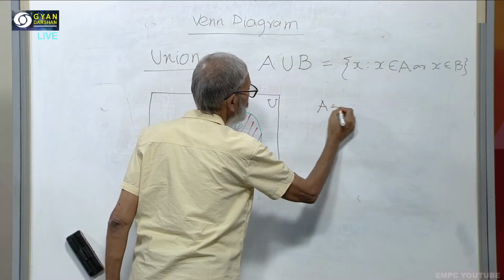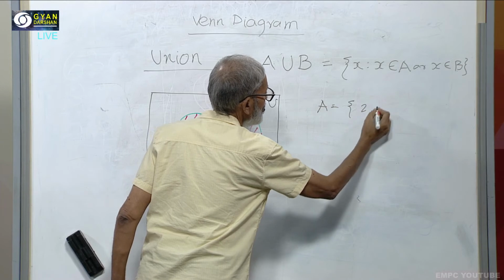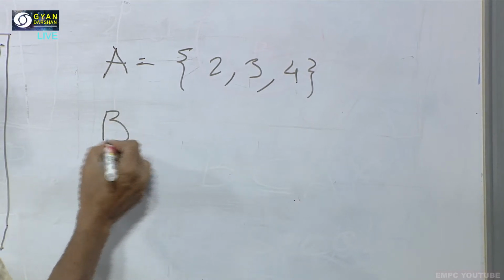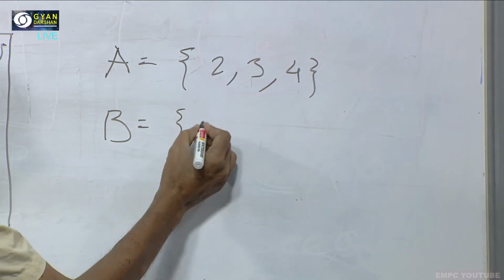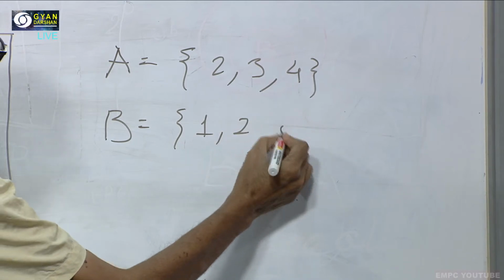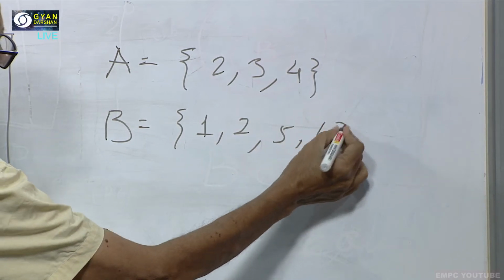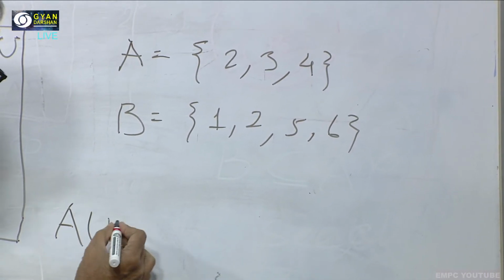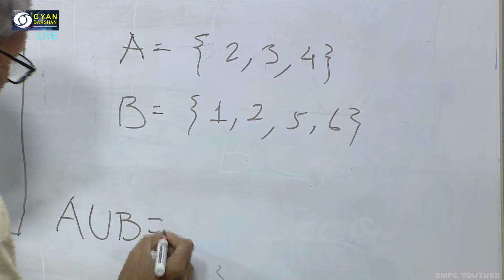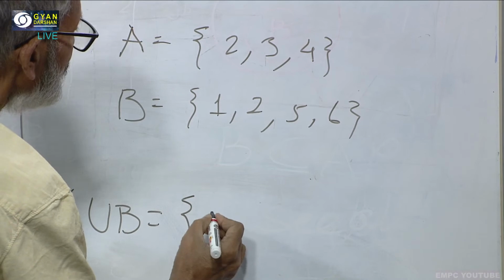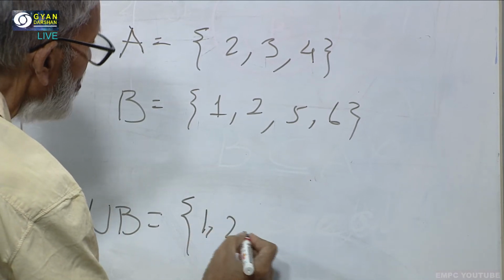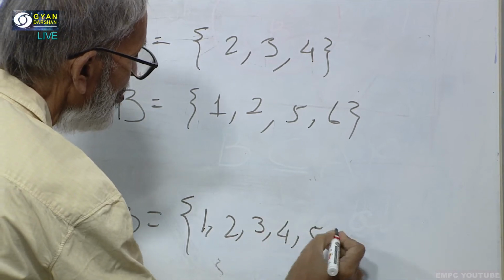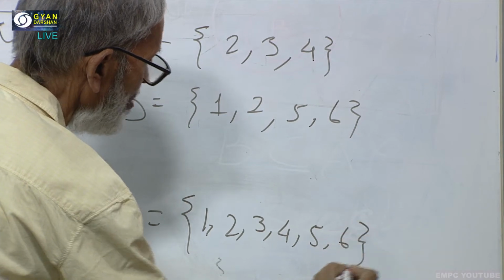Suppose A is equal to {2, 3, 4} and B is equal to {1, 2, 5, 6}. So, A union B will become {1, 2, 3, 4, 5, 6}.